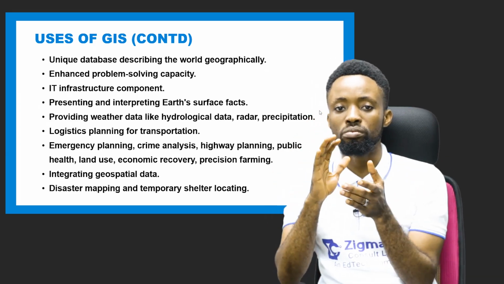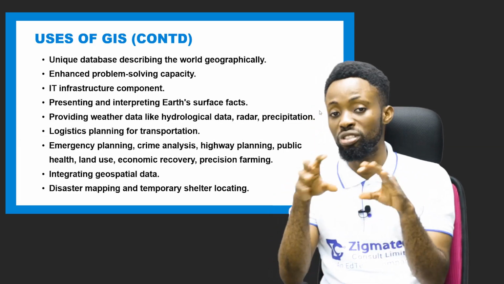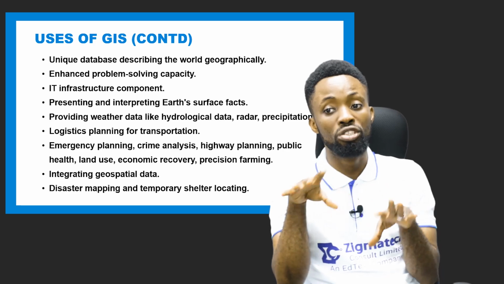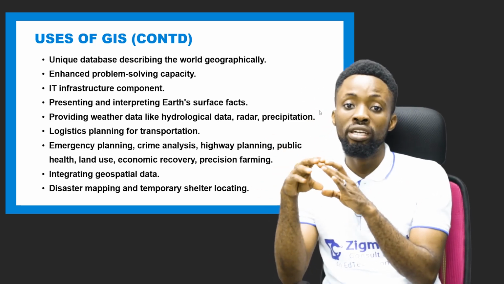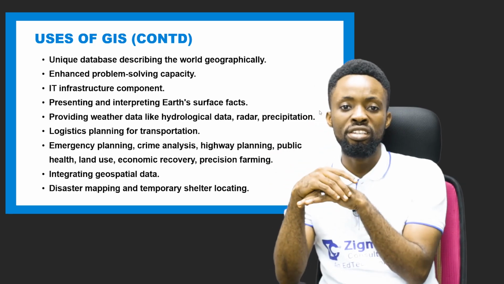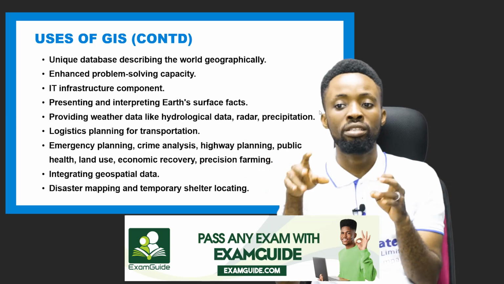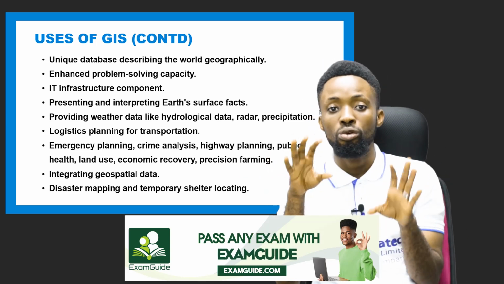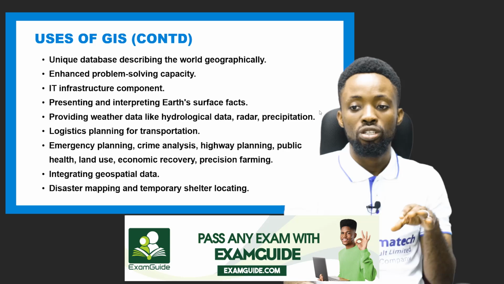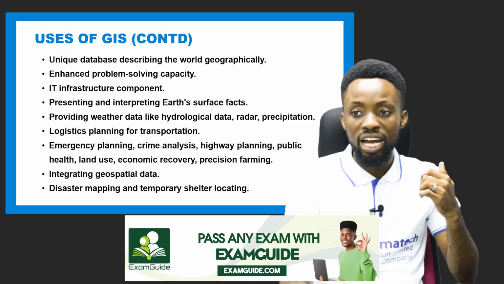And also GIS is used for disaster mapping and temporary shelter locating. When people are in a place where there's a disaster, it's very easy with the help of GIS to take them away from that place and find a temporary shelter location where they can reside. So this is a good use of GIS.